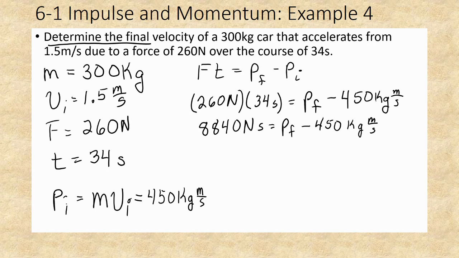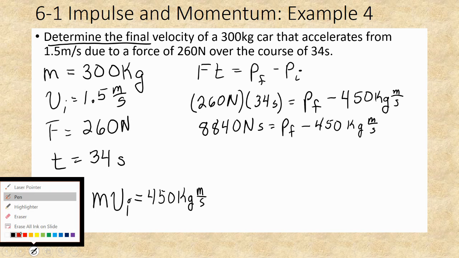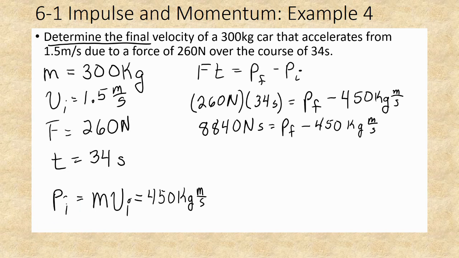Remember that the Newton is a shorthand unit. The Newton stands for kilogram meters per second squared. And that's getting multiplied by seconds. And when those seconds cancel out, they actually turn out to be the same unit, kilogram meters per second.